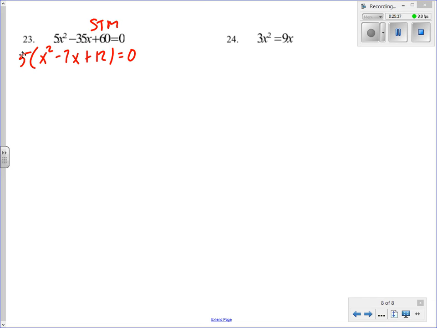Great, and now we can leave that 5 on the outside, and the inside is where we can do split the middle. So we're going to do 12 times 1, which is 12, and we're going to break that down.